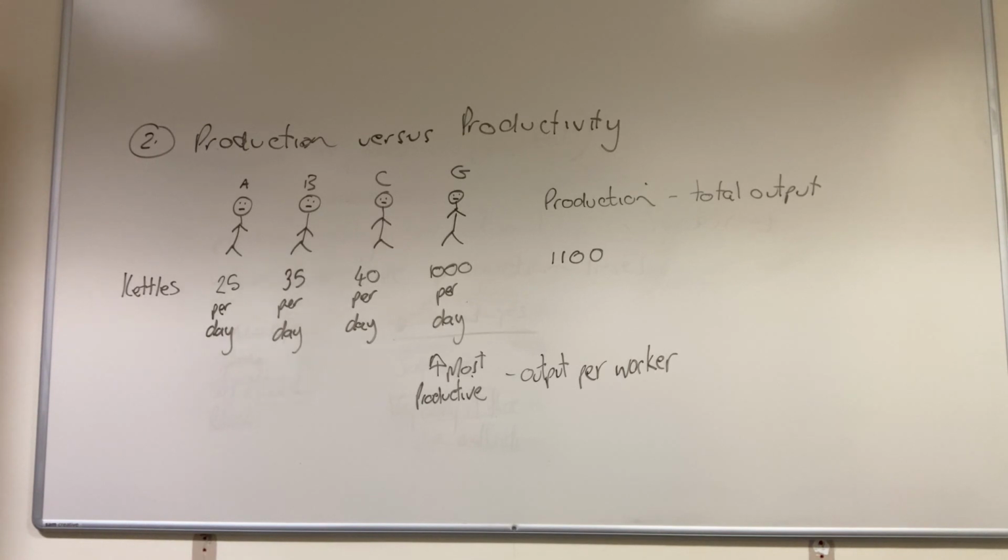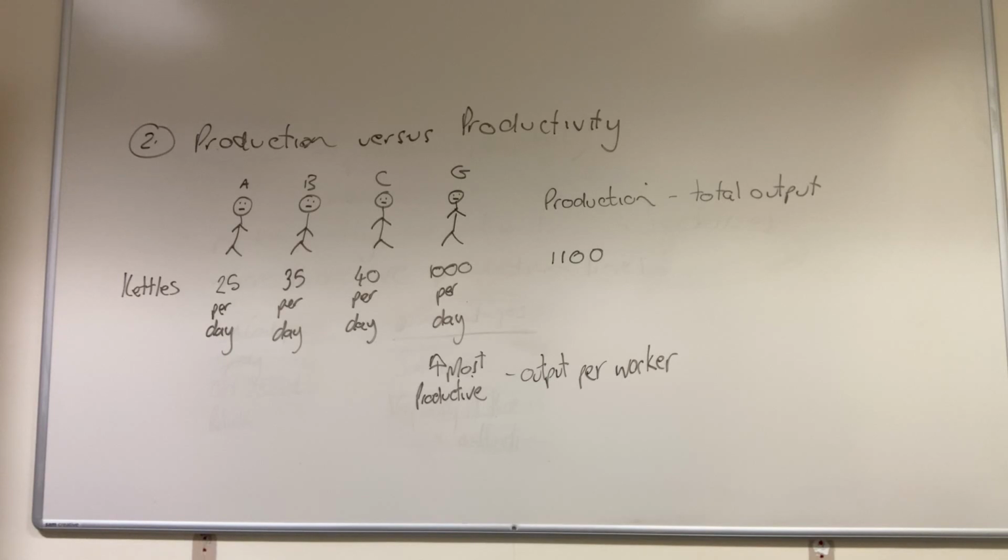Now, Jasmine with a J, who do you think would be the most expensive worker to employ? G. Why? Produce the most. And so why would that make them more expensive to employ, do you think? Well, the companies want them.